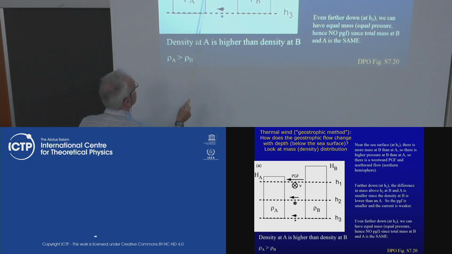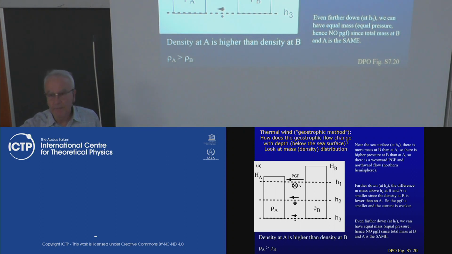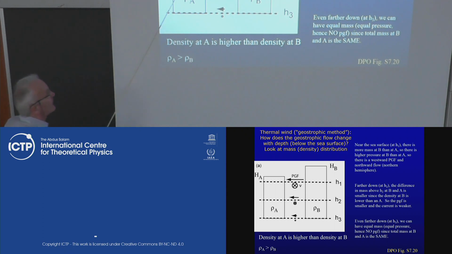About here is this one, so the difference is due to this part here. And if you are here, again you will have the differences due to this part of the water column, independently of density, because assuming that rho A is equal to rho B, there will be no vertical changes of the horizontal velocity.